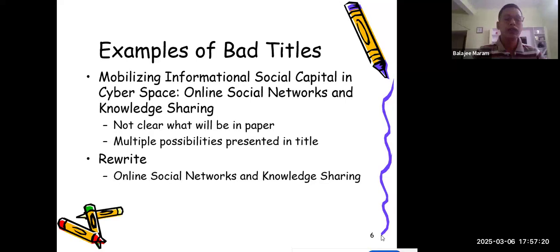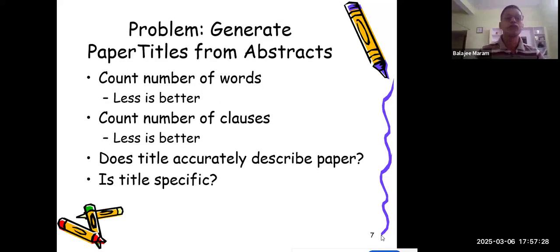And second one, rewrite: online social networks and knowledge sharing. Now it is a little bit meaningful and suggestible. And generate paper titles from abstracts.